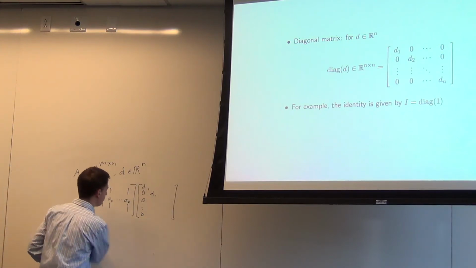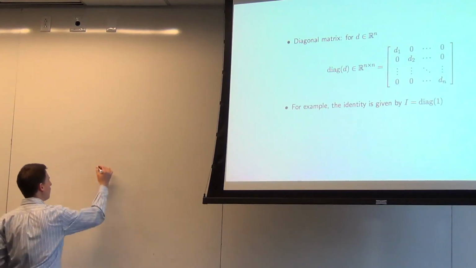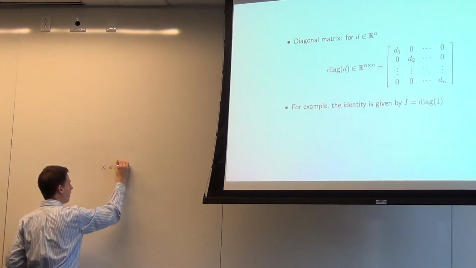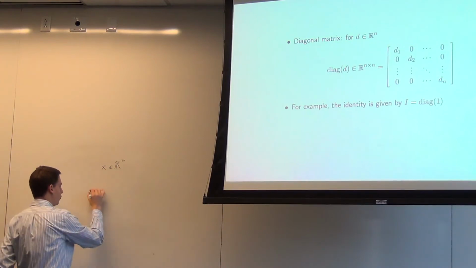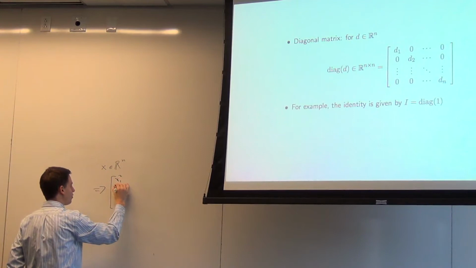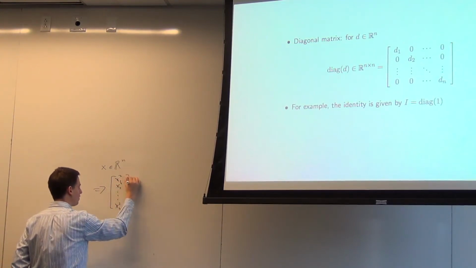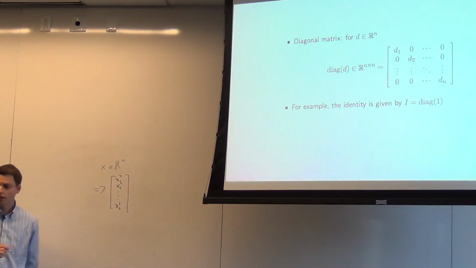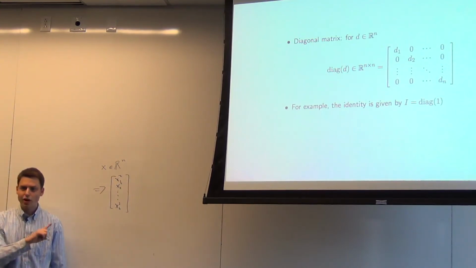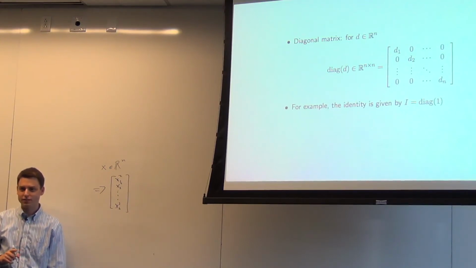So let's give a vector x in Rn, and I want to now create some vector which has the elements of x squared. How do I get this vector here? You want to take a guess? Yeah? You must have a diag of that.